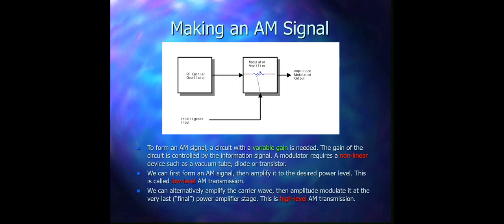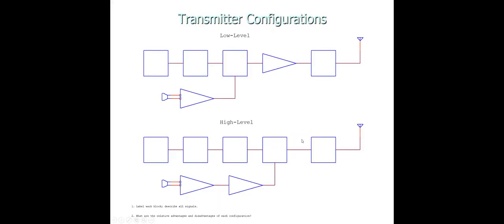Here we are going to learn about two approaches to generate an AM signal. The first is called low level AM transmission, and the second one is called high level AM transmission. Here we have the two block diagrams of low level and high level AM transmission.